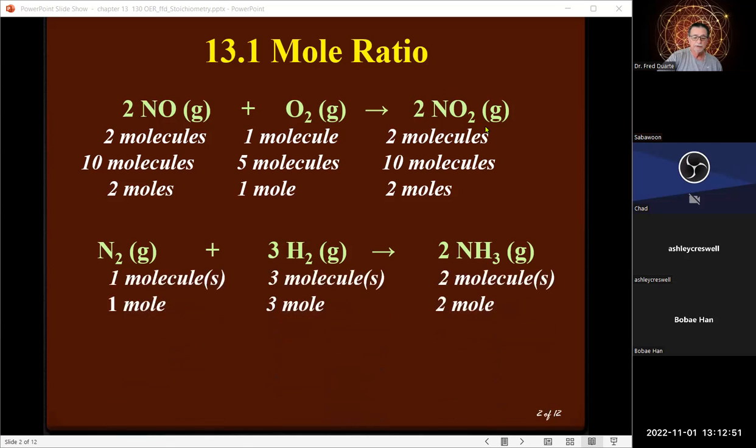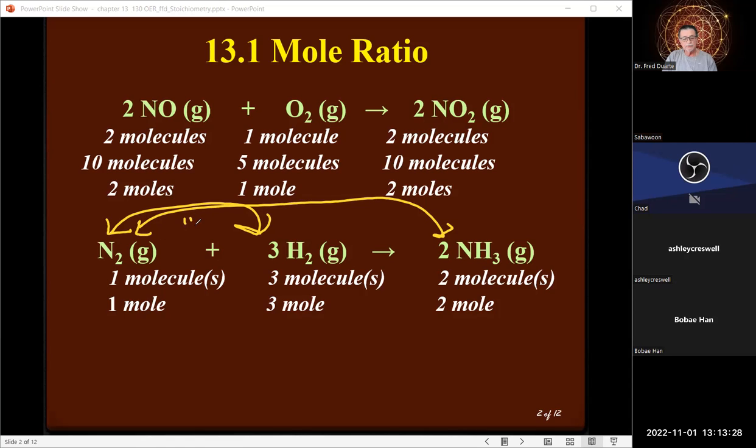The next one is we have here nitrogen in the presence of hydrogen reacts to give us ammonia. So 1 mole of nitrogen requires 3 moles of hydrogen gas, okay, which react to give us 2 moles of ammonia. Note the relationship between reactants, and so 1 to 3. And then from nitrogen to ammonia is a 1 to 2.